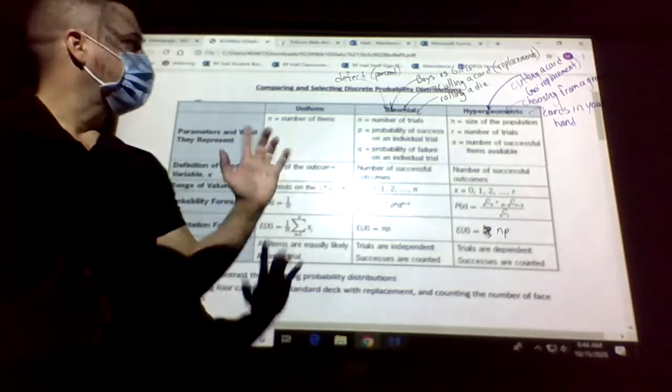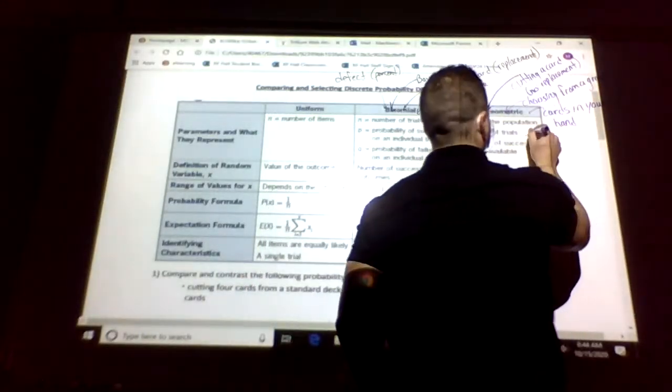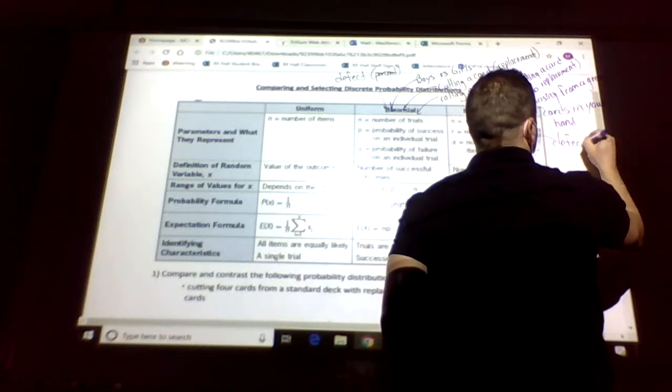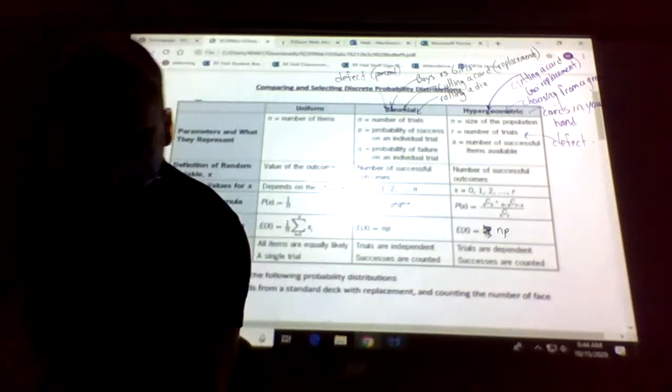There is a defect question in the homework. I'm going to find it for you guys.